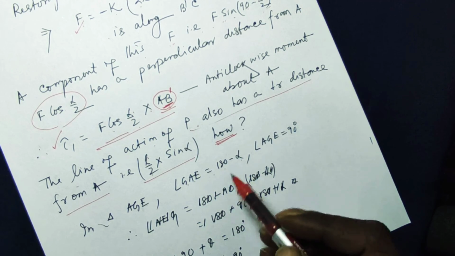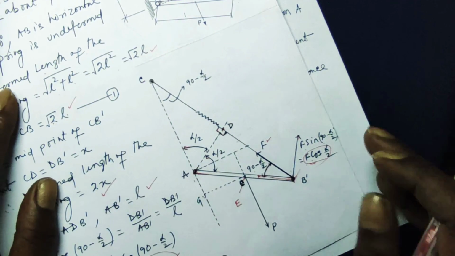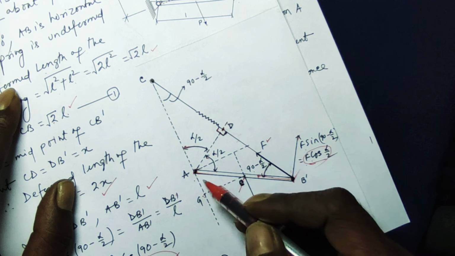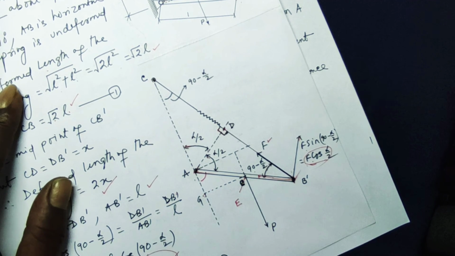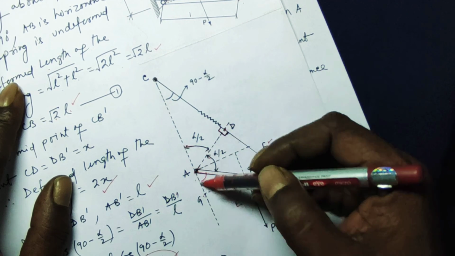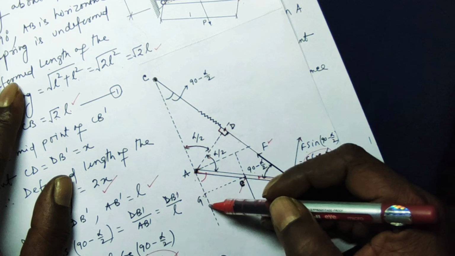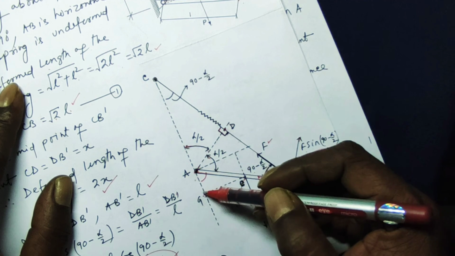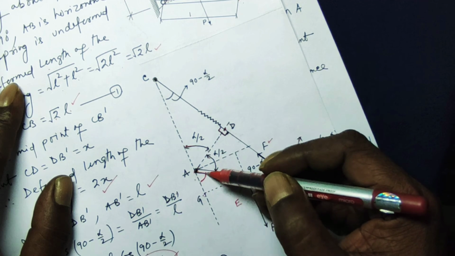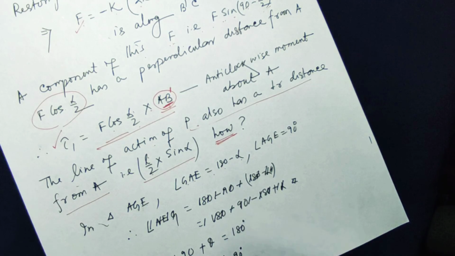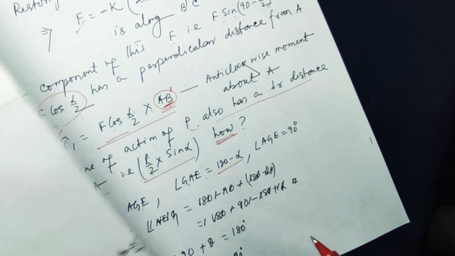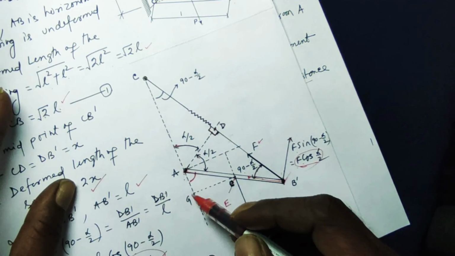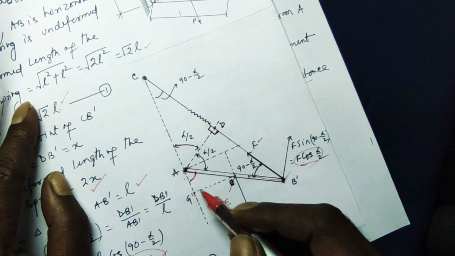In triangle AGE, angle GAE means this angle is 180 minus alpha. How? This is a straight line, so this total angle is 180. Alpha by 2 plus alpha by 2 is alpha, so 180 minus alpha is this angle. So angle GAE is 180 minus alpha.